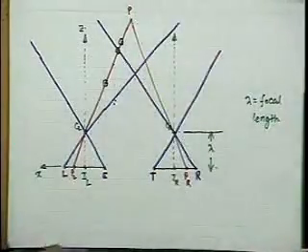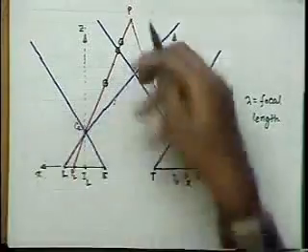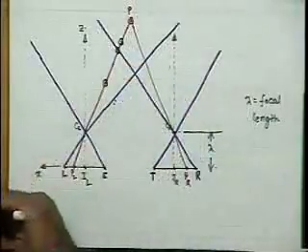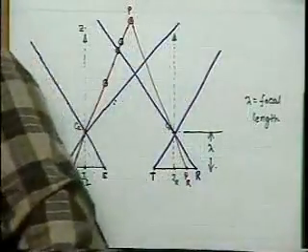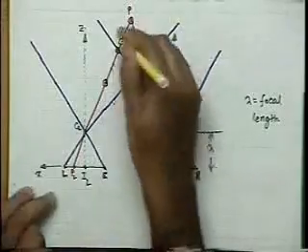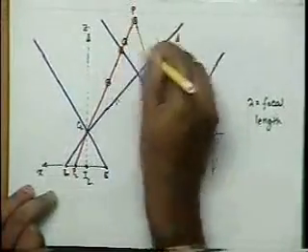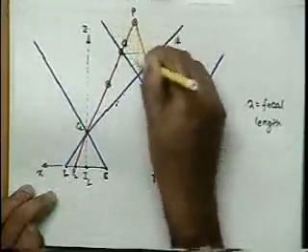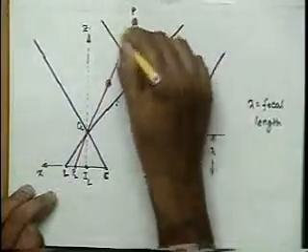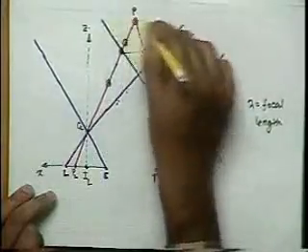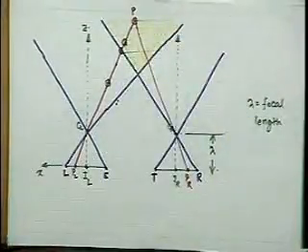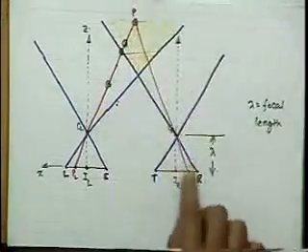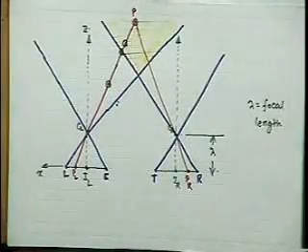If the point P is actually lying over here, that is, if the point P is lying over this zone which I am shading over here, then we can see it from both the cameras.